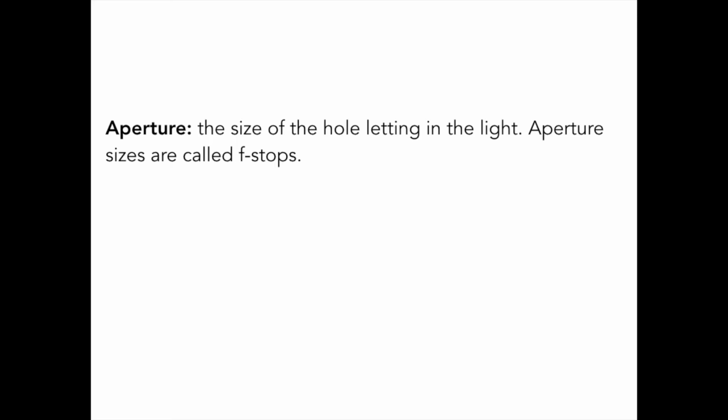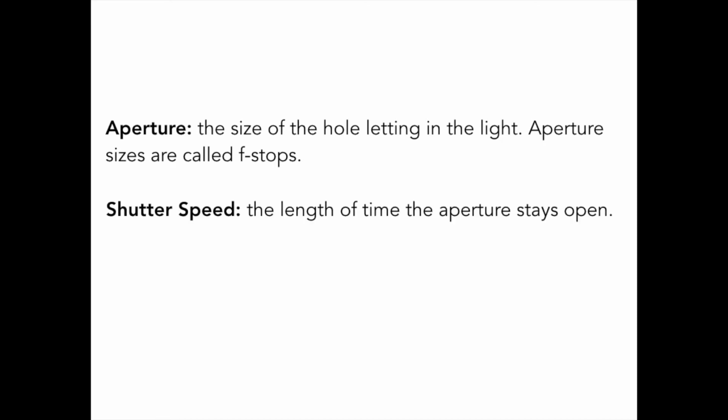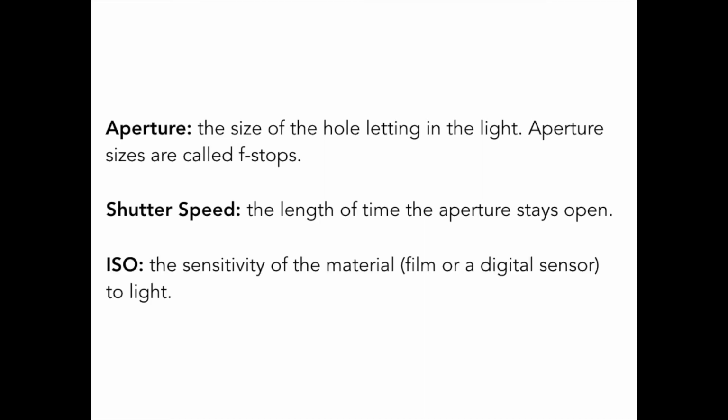If you're looking at a camera lens and you're turning the ring to open and close it and you're seeing the circle in the middle get larger and smaller, what you're looking at is the aperture. Next is shutter speed, and shutter speed is the length of time that aperture stays open. Finally, there is ISO, the sensitivity of the material, film, or a digital sensor, to light.